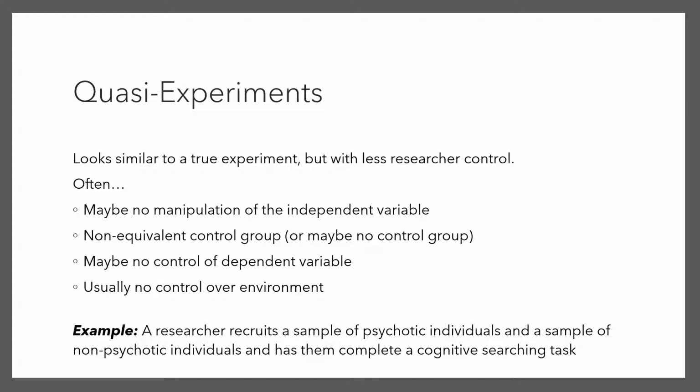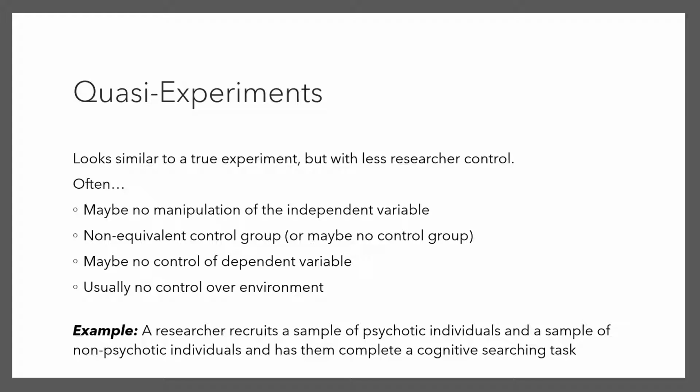Further, the researcher is not manipulating the independent variable, as that is the presence of psychosis. So you can say in this case, groups are sort of self-selected. They're not choosing whether they have a diagnosis of psychosis or not, but a characteristic or trait that they already have is the selection criteria of which group they're going to be in.